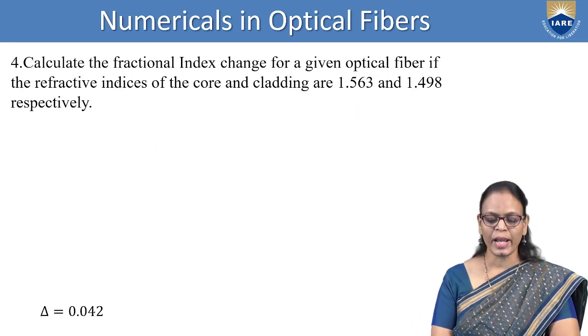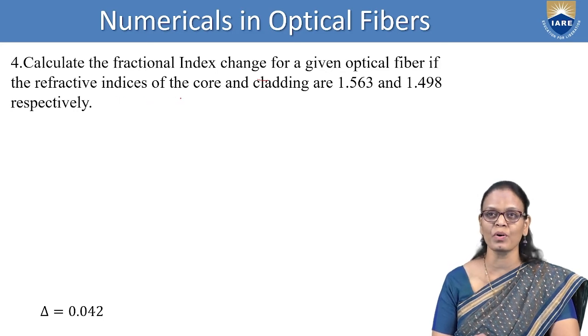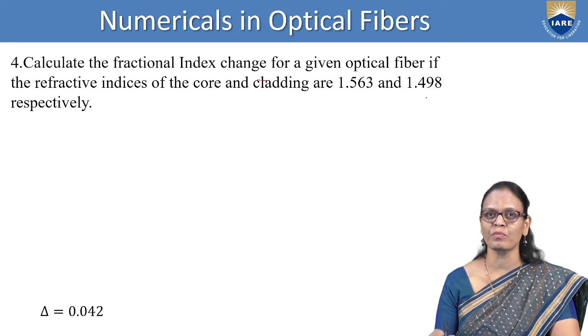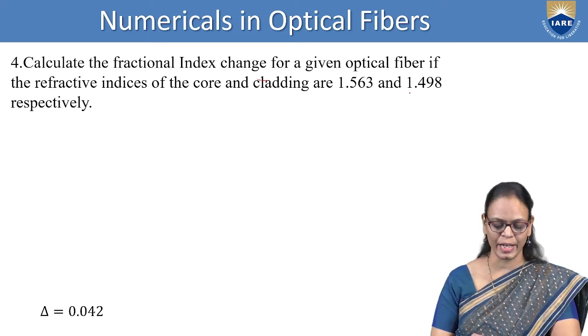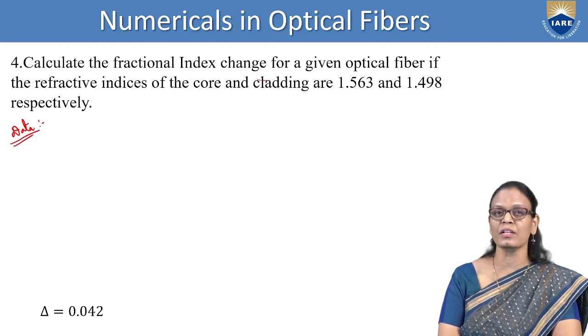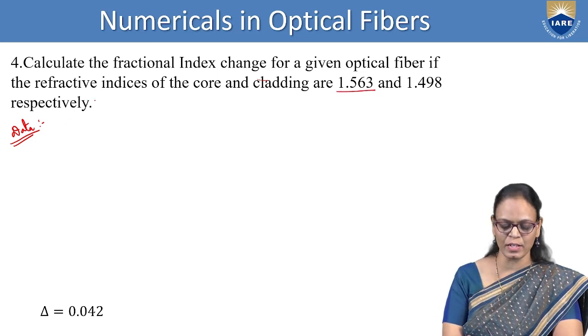Next one, calculate the fractional index change for a given optical fiber if the refractive indices of the core and the cladding are 1.563 and 1.498. So let us write the data. What is the fractional change in refractive index we are going to find? So for the core, it is 1.563. So let us represent it by N1.